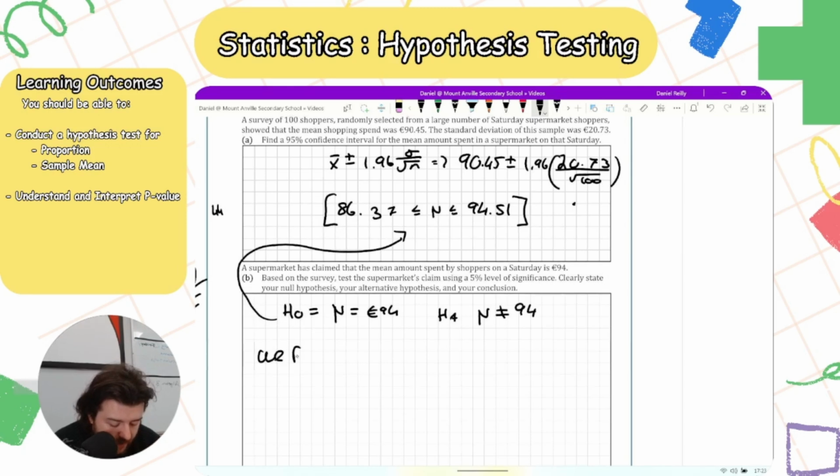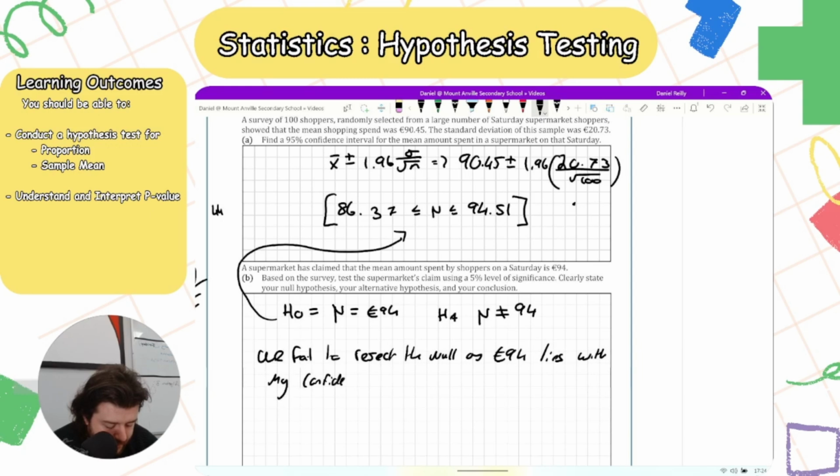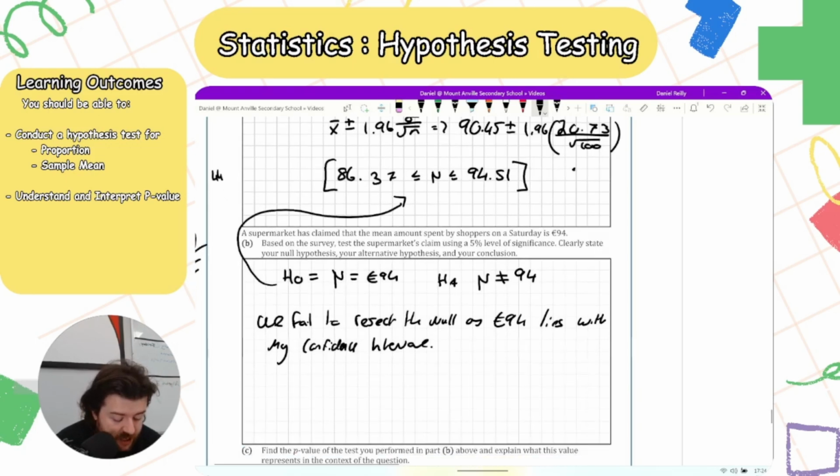So we fail to reject the null as €94 lies within my confidence interval. Right? So there's not enough evidence to suggest that the mean shopping has changed.